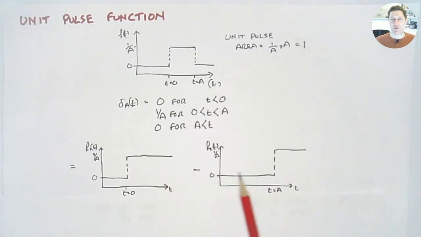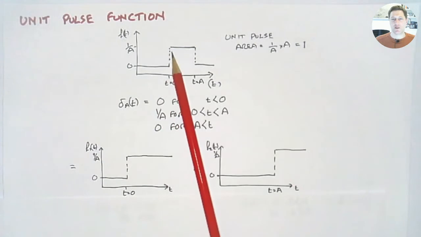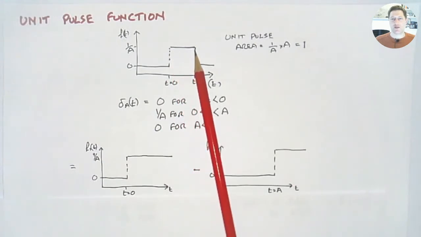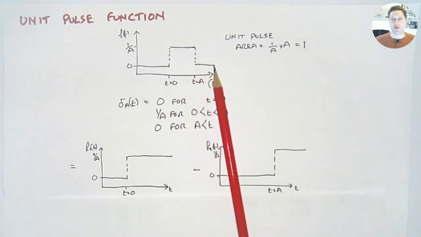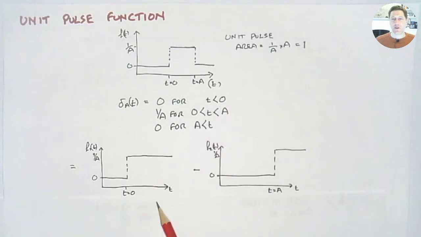So we have this one, we subtract that one from it. That's going to give a function which comes along, goes up at t equals 0, progresses constantly, and then steps down again at t equals a. We can do it this way because we know these things already. We know this function, and we know how to represent a delayed function, and we know that we can add and subtract Laplace transforms.